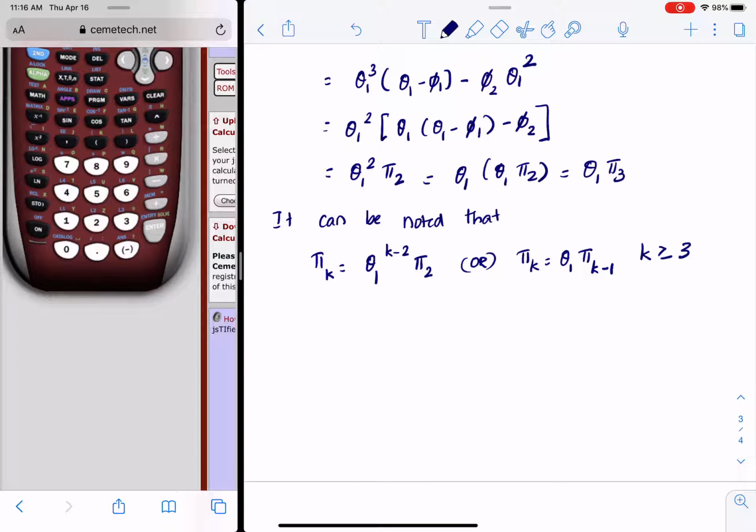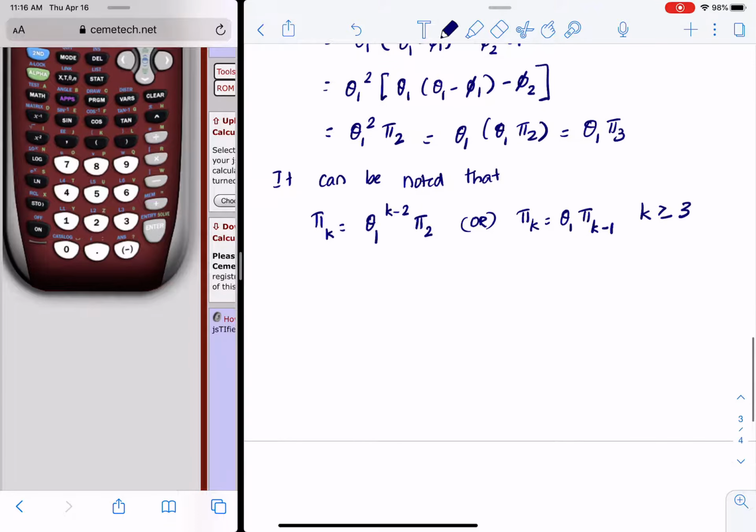It cannot be equal to 2. It's not going to work. So just by having this, we could end up having all the pi coefficients using this recursion formula. And this is how we're going to estimate all the pi values.